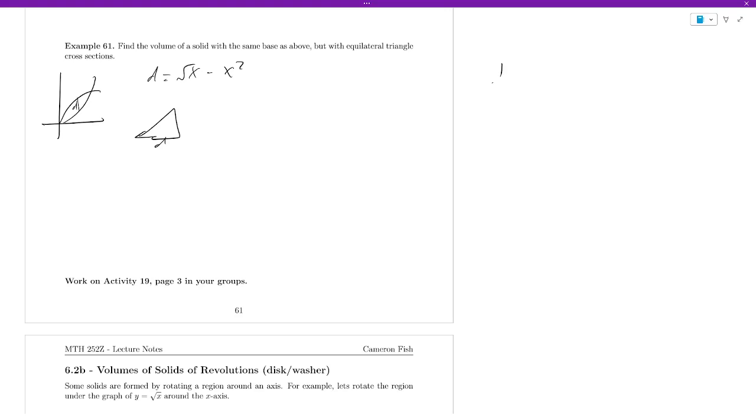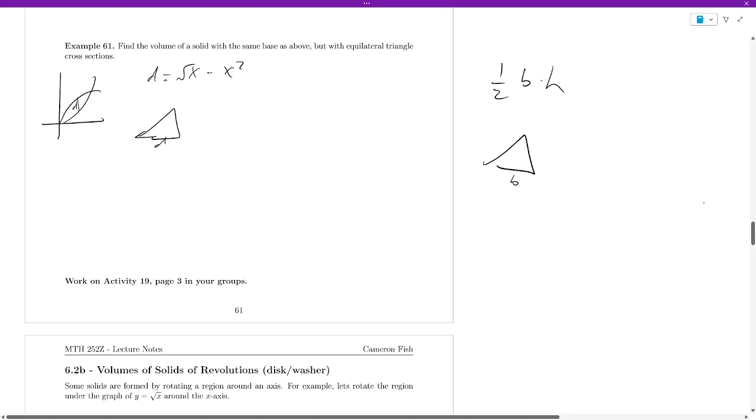You might know that the area of a triangle is 1/2 base times height, where that's the base, and then the height is like this number. In this case, we have an equilateral triangle, which tells us that all 3 of the sides are the same number. So if the base here is some number b, this is also b, and this is also b. It's because it's equilateral.